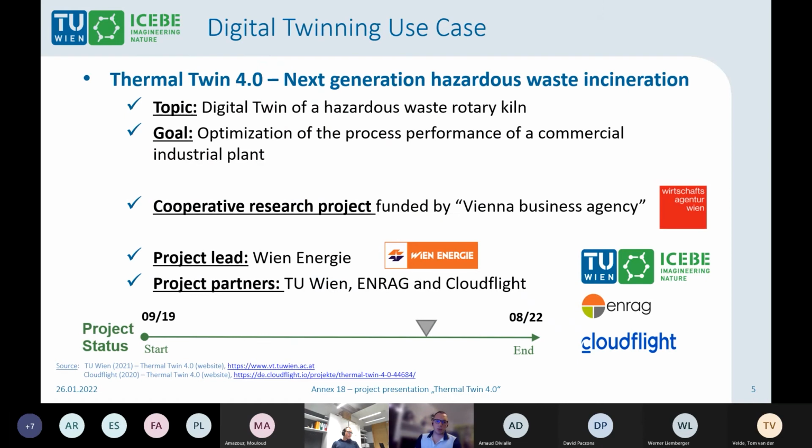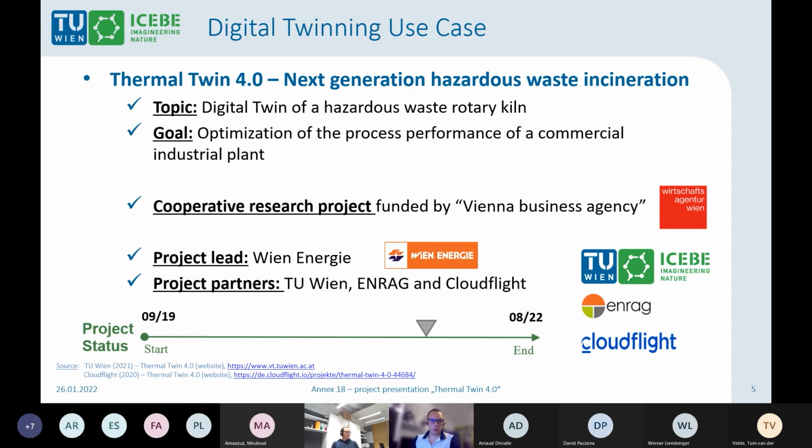But now I would like to go more into an industrial use case because it's more the topic of the Annex 18. I would like to speak about a digital twin of a hazardous waste rotary kiln. We are trying to implement it in Vienna, and this is for the optimization of the process performance of this commercial industrial plant.